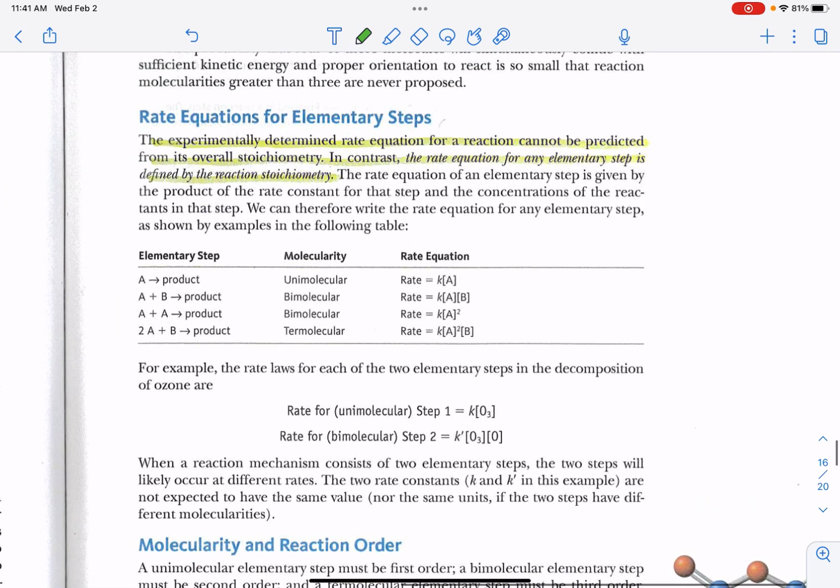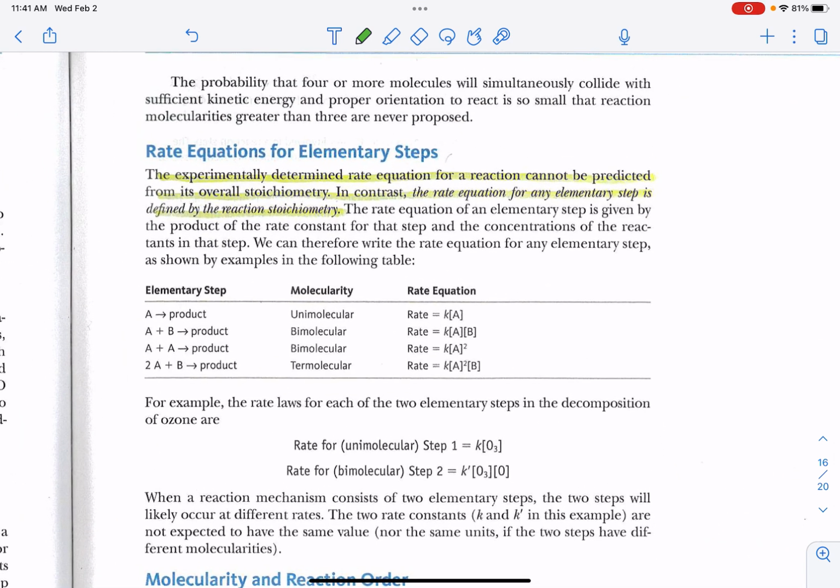Now, here is a very important point. We already know that when you write a rate equation, the coefficients in the balanced equation do not automatically become the exponents in the rate law.